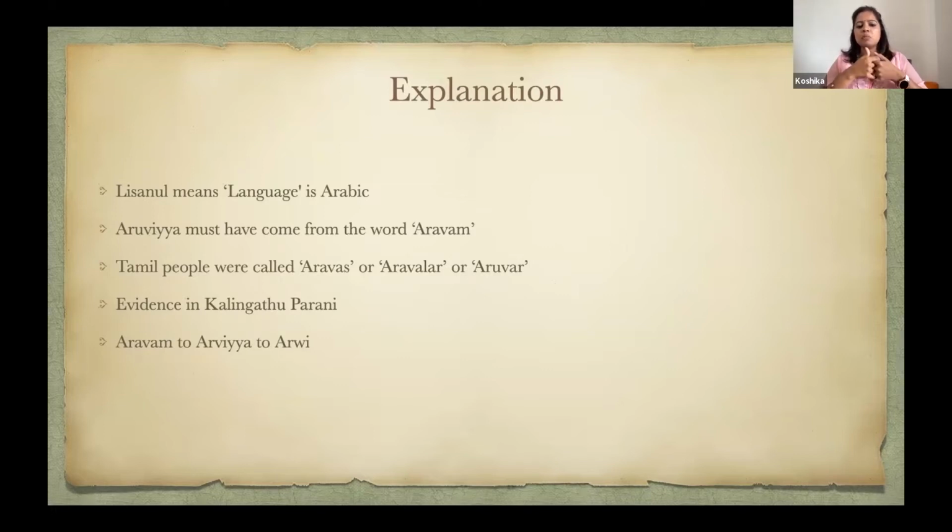First, let's see what the word Lisanul means. Lisanul means language in Arabic. Some scholars say that Lisanul means language in Arabic, and Arviyya must have come from the word Aravam. The Tamil people in ancient times were called by the Telugus as Aravar. We have evidence showing that the Tamil people were called Aravar.